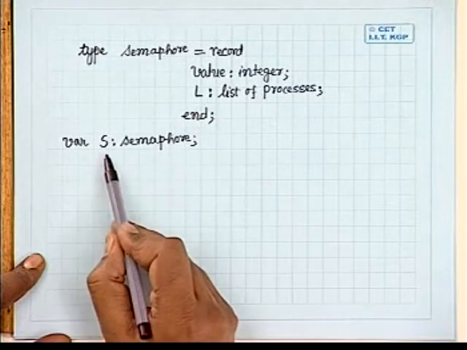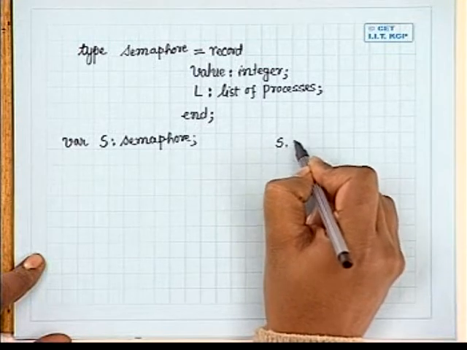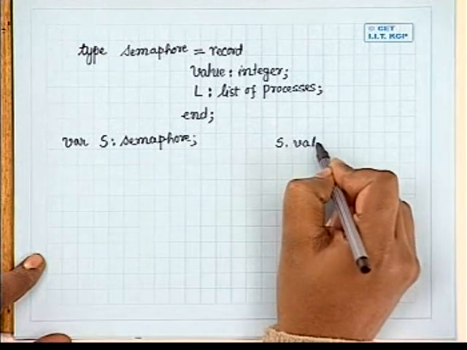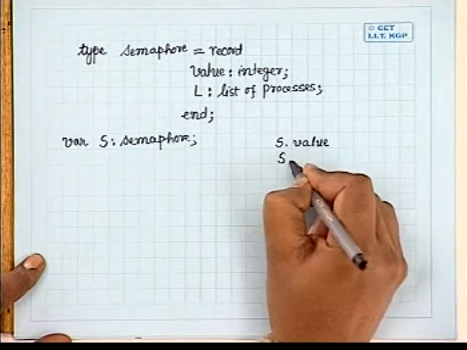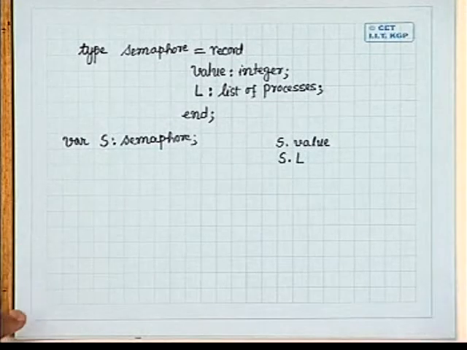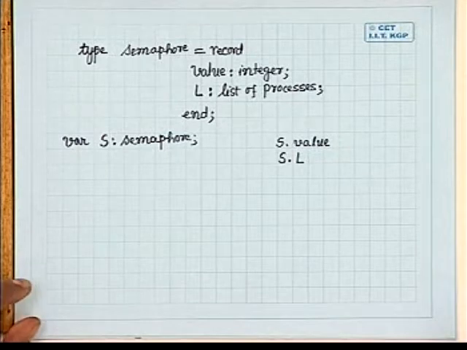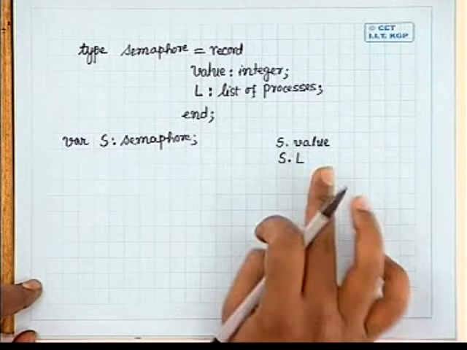The value part of S will be accessed as s dot value, okay, and the list part of S will be accessed as s dot L. This is a typical structure definition or typical record definition. In case of C, we call it a structure. In case of Pascal, we call it a record. So we are following the same convention.